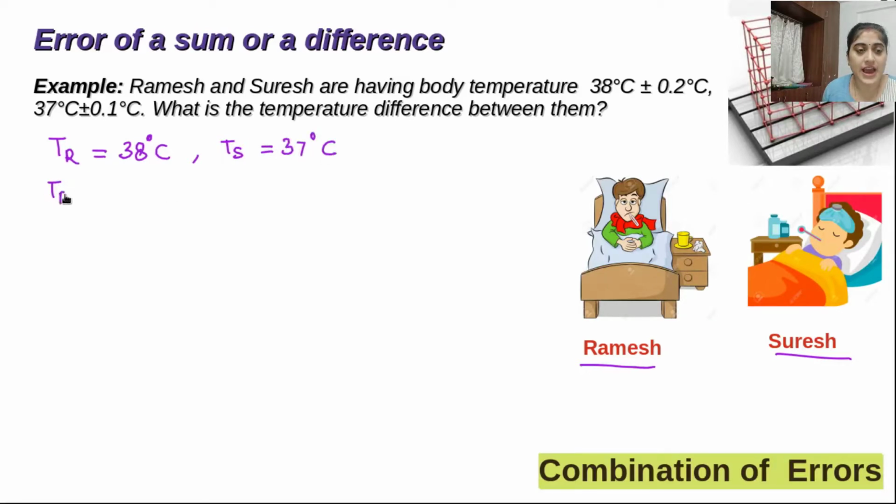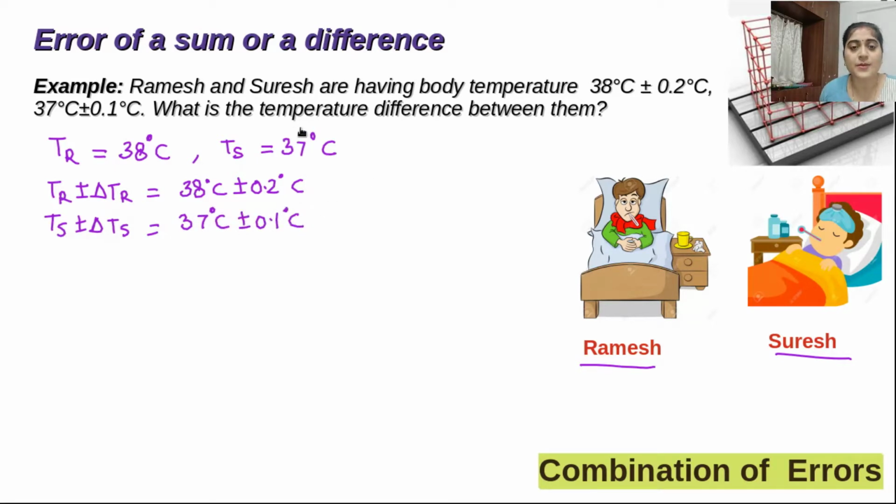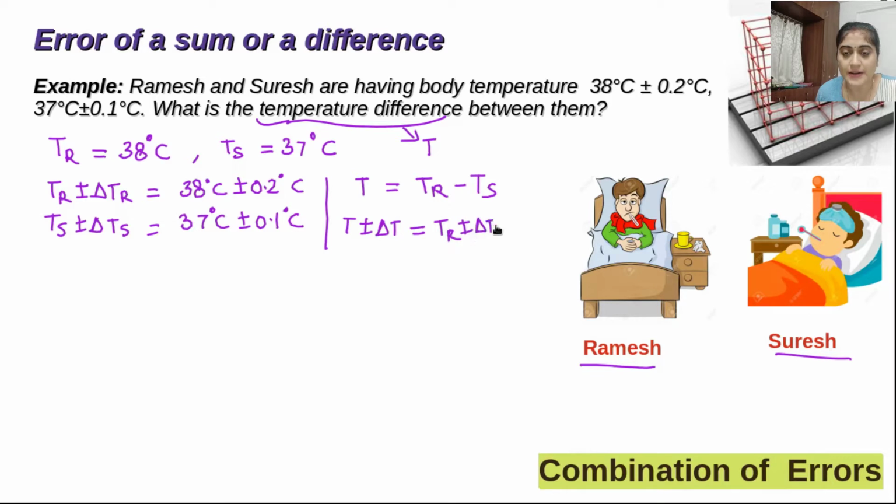TR plus minus delta TR is 38 degrees centigrade plus minus 0.2 degrees centigrade, and TS plus minus delta TS is 37 degrees centigrade plus minus 0.1 degrees centigrade. The temperature difference I denote as T, so T equals TR minus TS, and we have to find T plus minus delta T. So T plus minus delta T equals TR plus minus delta TR, minus of TS plus minus delta TS.